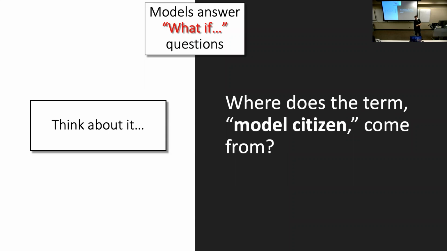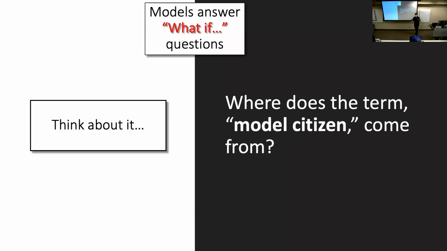I think model in this case is supposed to be synonymous with ideal, a model of an ideal system. Okay, ideal, following the rules, ideal. Okay, we got those in mind. Go ahead. A citizen that does everything right, like everything a model citizen should do. Okay, so we got follow the rules, ideal, everything a citizen should do.